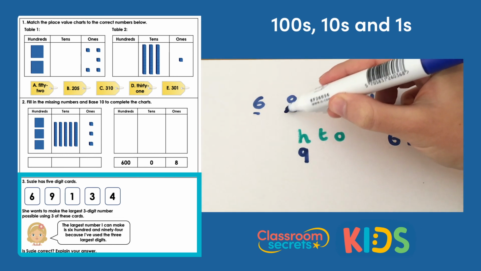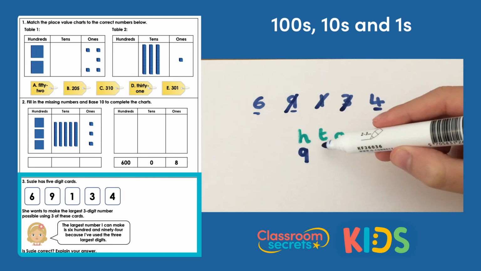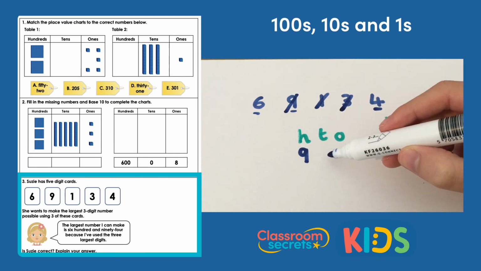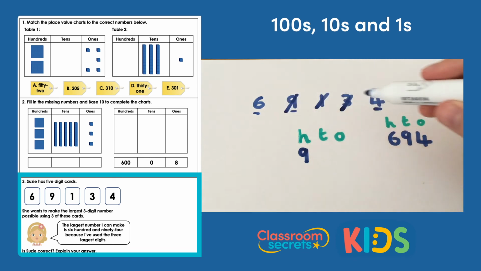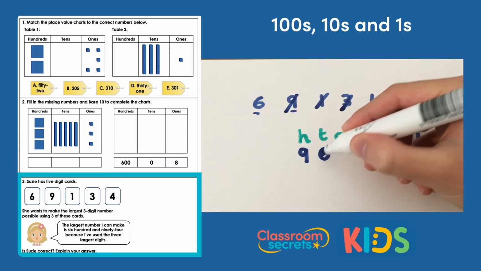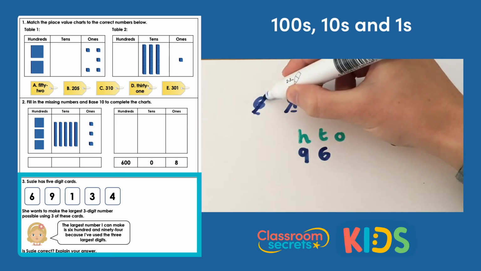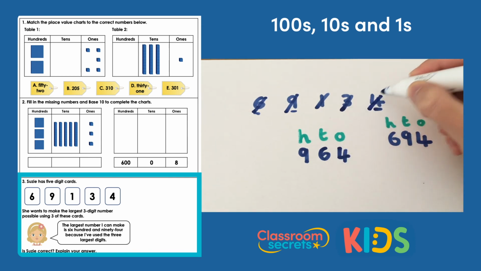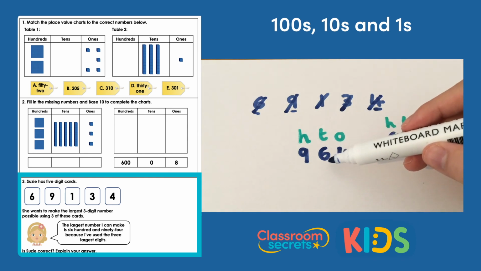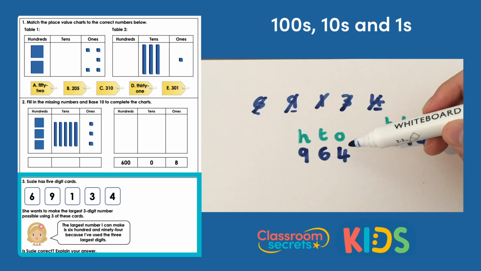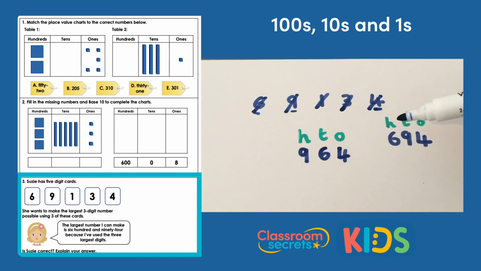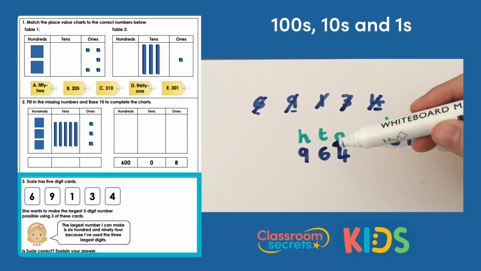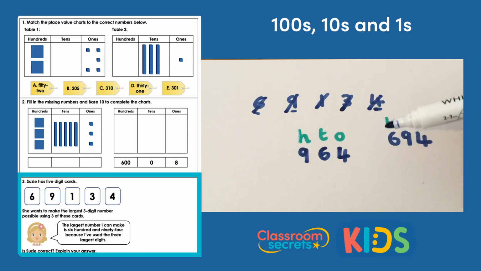So now I can cross off the 9. Then my tens wants to be the next largest number. So 6 is larger than 4, so I'm going to put 6 tens in there. And cross that one off. And then 4 is my final number left. Cross it off. Now I have 9 hundreds, 6 tens, 60, and 4 in my ones. My overall number is 964, which is much larger than 694 that Susie said earlier.